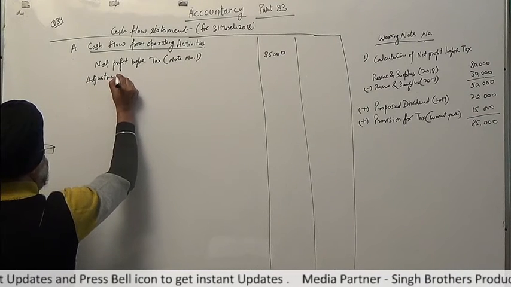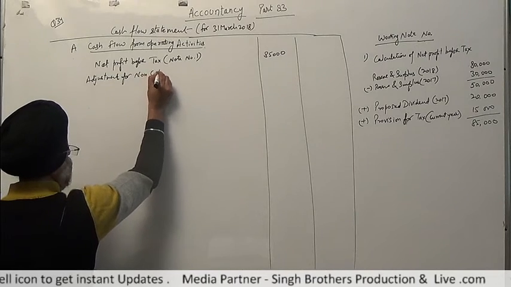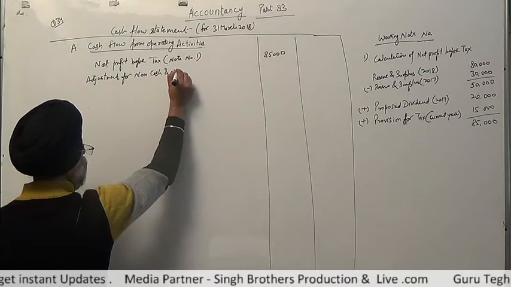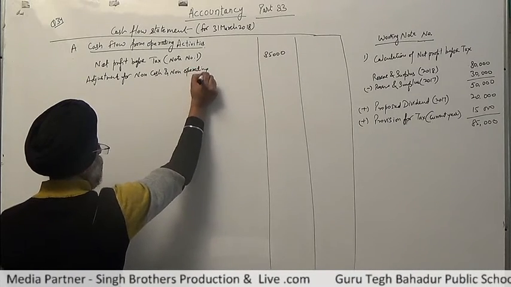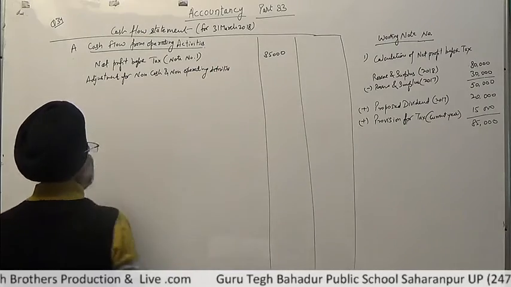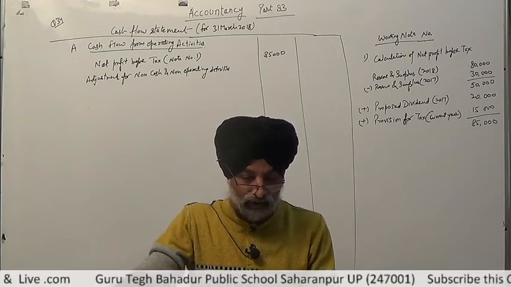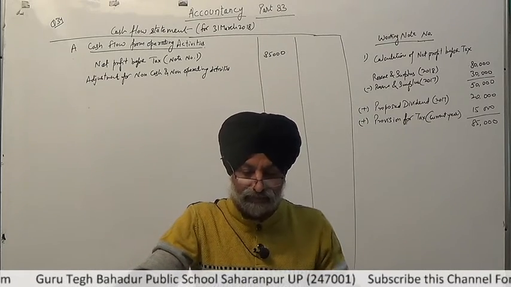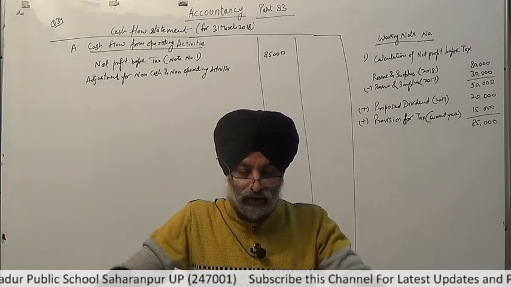Then after this, adjustments for non-cash and non-operating activities. Regarding these adjustments, there is only depreciation in this question, which is given in the notes after the question.